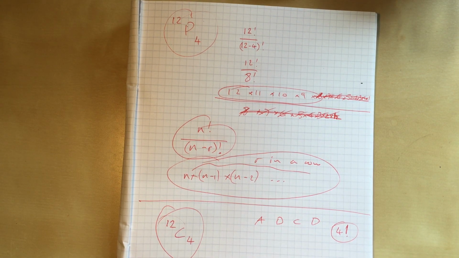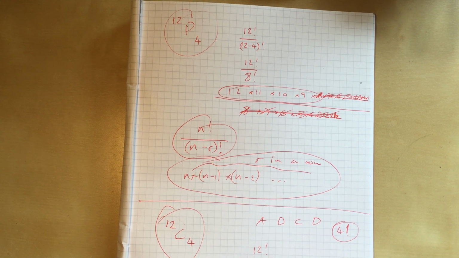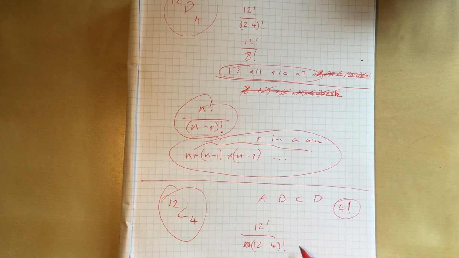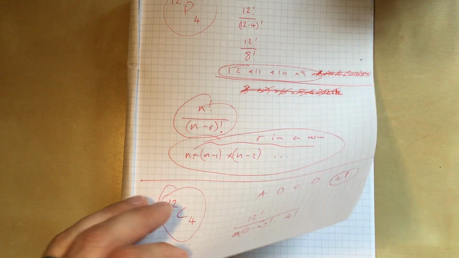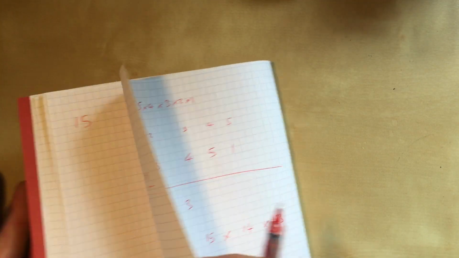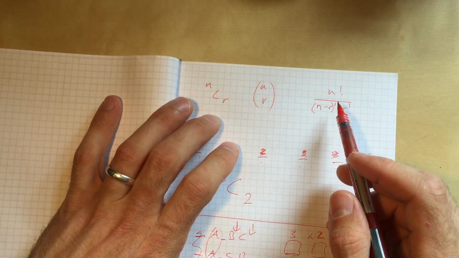So, in other words, 12C4 would be 12 factorial over 12 minus 4 factorial. Now that so far just means 12 times 11 times 10 times 9. And then I divide that by 4 factorial. Okay, so that's the number we're looking for, which gives us the formula that we started with, that we were trying to prove, this formula here, okay?